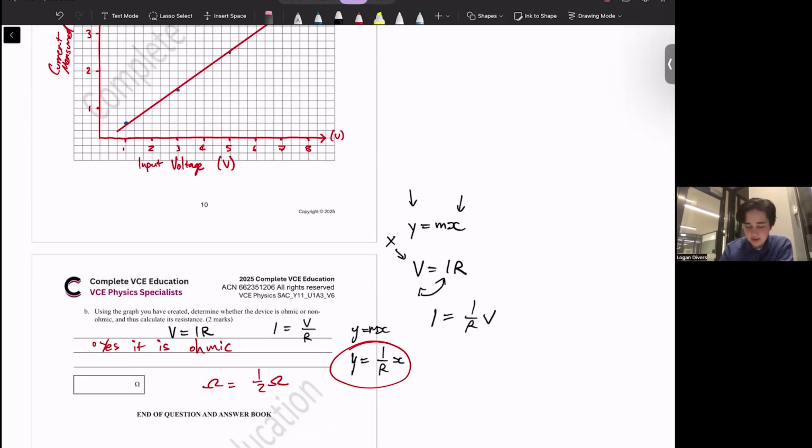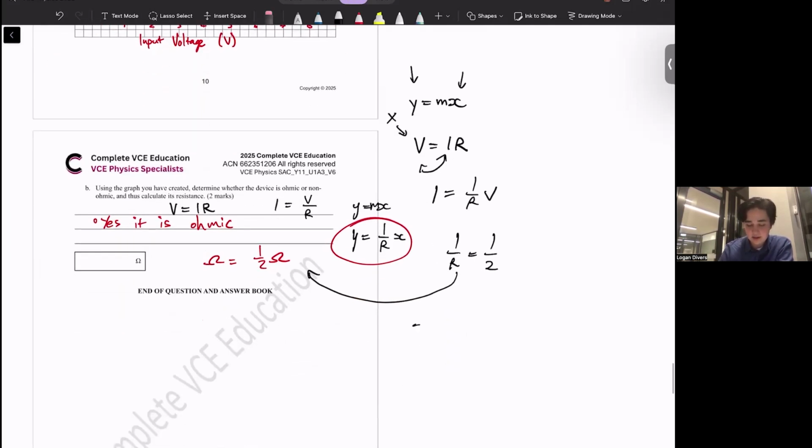But that means that 1 on R is equal to that gradient we just calculated, which is half. This means that the gradient is half and the resistance is 2 ohms. That's it. So we'll put our answer in, and there we go. That is the paper finished.